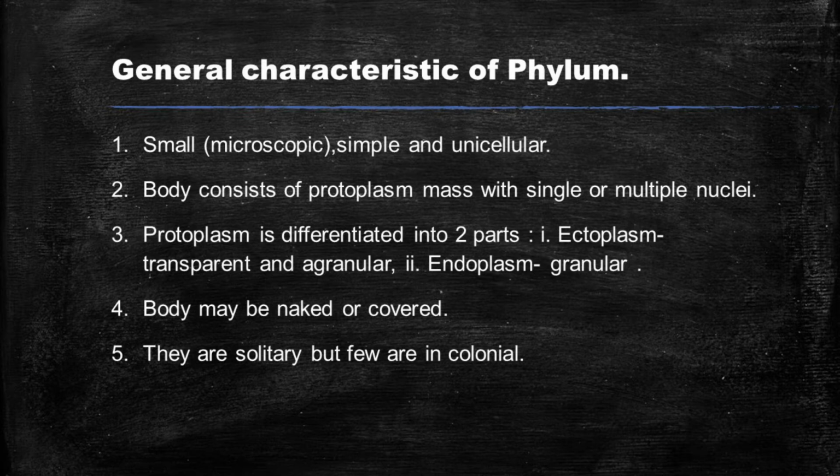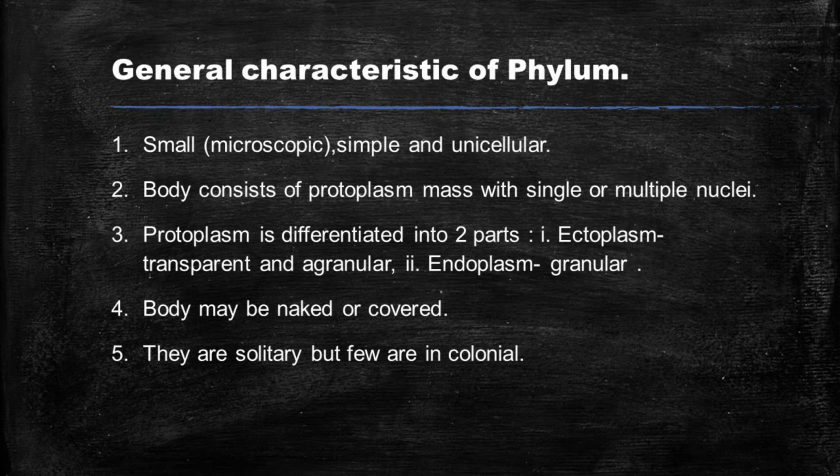For example, in case of protozoa, the first general characteristic is that it is small, unicellular, simple. Protozoans have protoplasm in their cell body, which is differentiated into two parts, that is ectoplasm and endoplasm. Now this body may be naked or covered, so it's an external feature. Then they stay as single units or in the form of colonies.